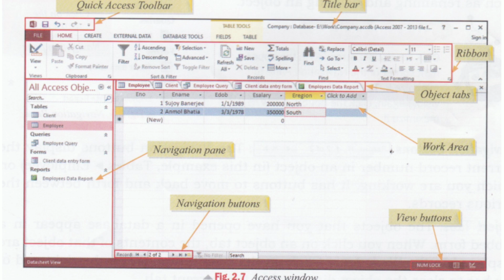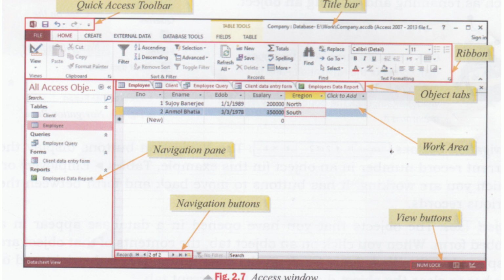Now the next component is the ribbon. The ribbon displays groups of related commands in tabs. Each tab offers a shortcut button to common tasks. It contains multiple tabs, each with several groups of commands.